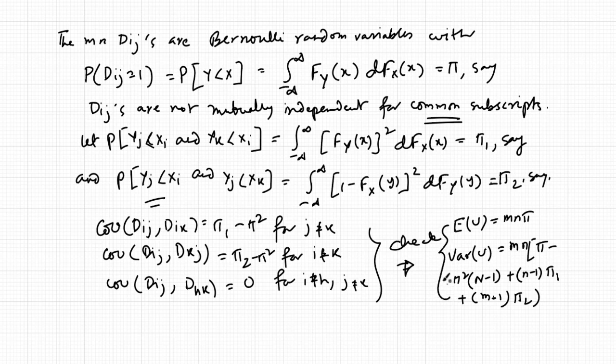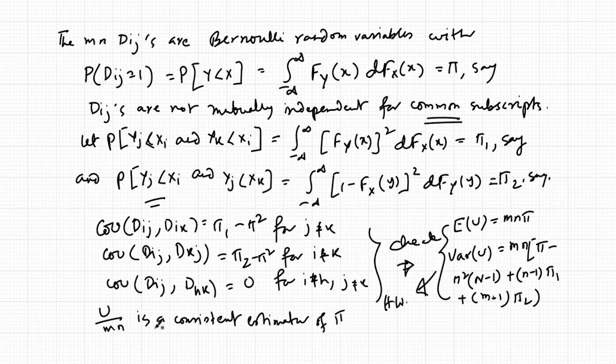You also check this. This is your homework. Then you also check, this is again another homework, U by mn is a consistent estimator of pi.